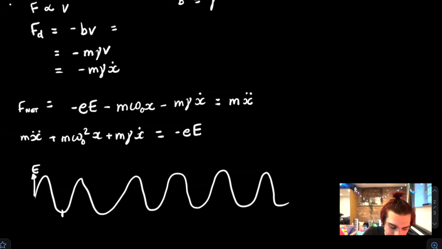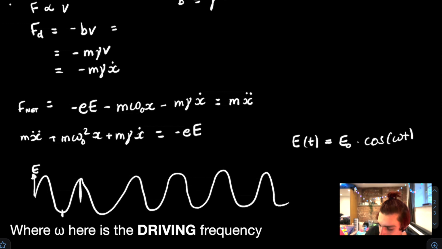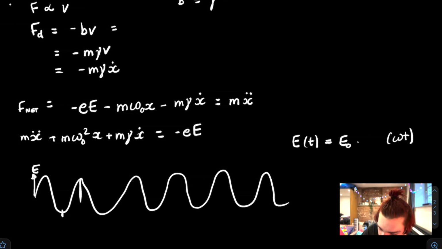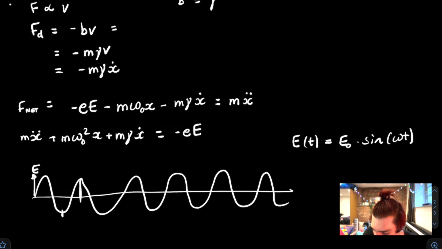The way in which we mathematically represent that is that the electric field as a function of time is equal to the amplitude, E naught, multiplied by cosine of omega t. Or equally, you could write this as sine of omega t, and in fact I've drawn a sine function here rather than a cosine function.